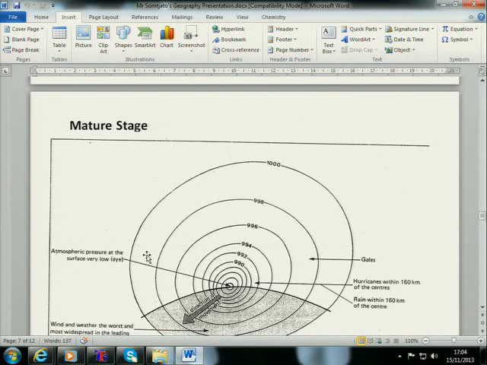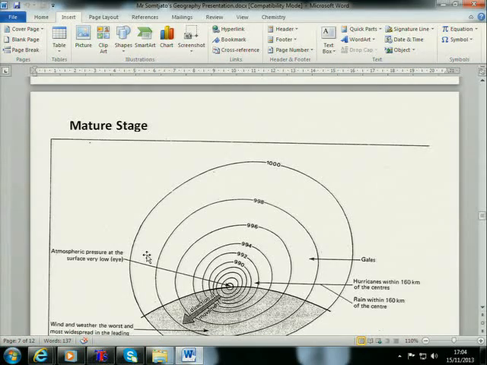But in the mature stage, it is far below 1,000, and it has stopped to fall. Now, the area affected by the hurricane strength increases. It extends to 300 kilometers from the eye, meaning that the area covered by the tropical cyclone is now bigger than the area covered in the immature stage.